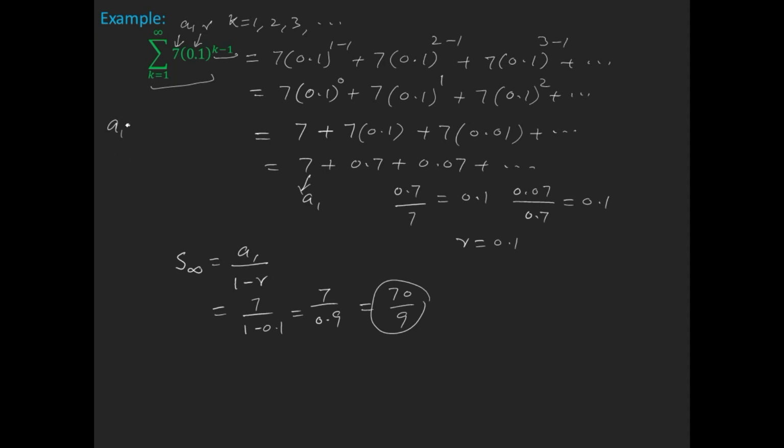So a1 is 7 and r is 0.1. Again putting these two values in the formula to find the sum of the infinite geometric series, we get 70 by 9, which is the sum of this whole series up to infinity.